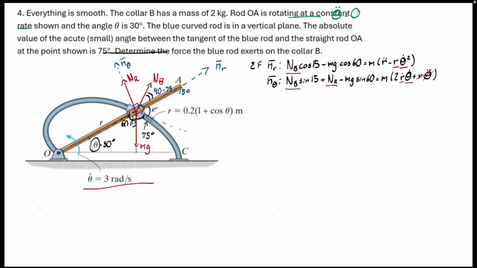To find those, I'm going to switch over to Mathematica. So we know our r is equal to this equation, 0.2 times 1 plus the cosine of theta. All right, let's switch over and find our r dot and our r double dot.